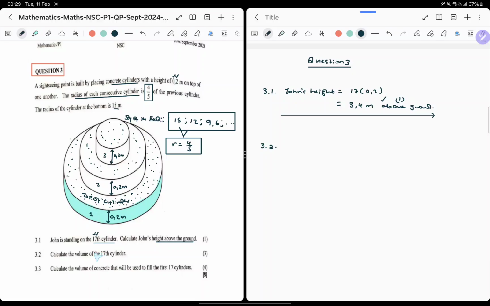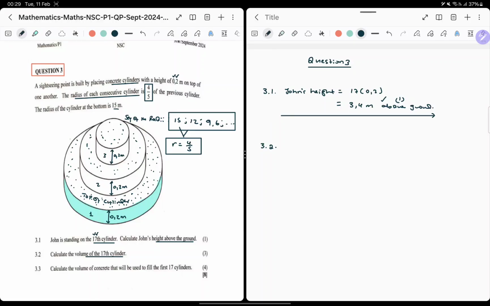3.2 says, calculate the volume of the 17th cylinder. Okay, guys, so for us to know the volume, we first need to know what would be its radius, right? Because without the radius, we are dead, are we not?